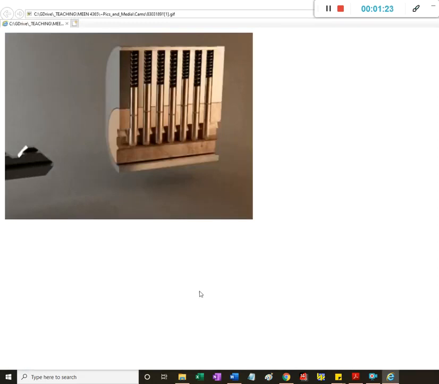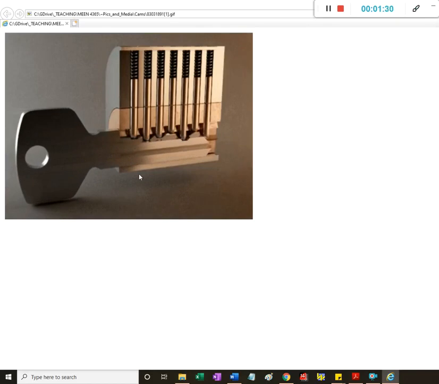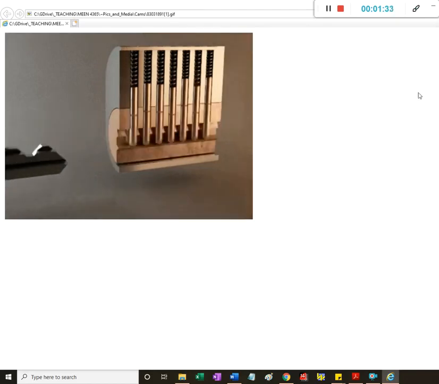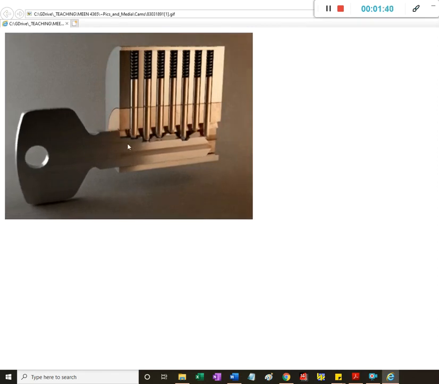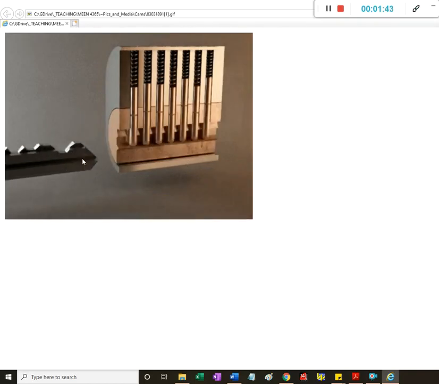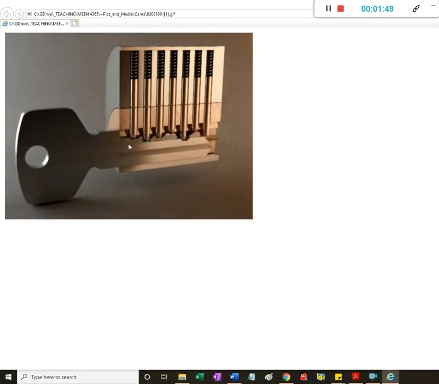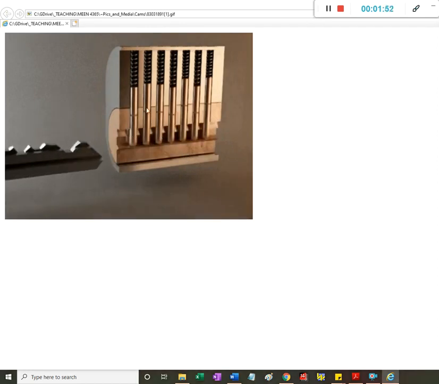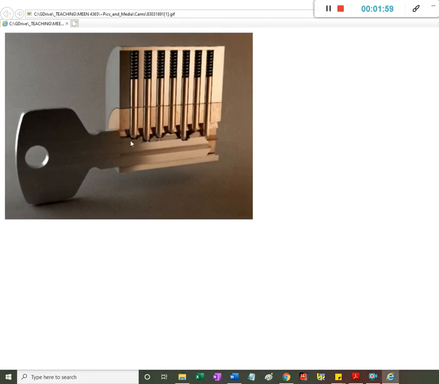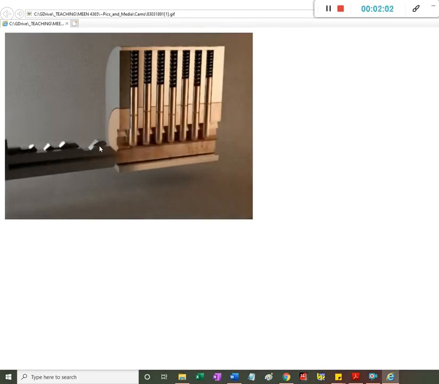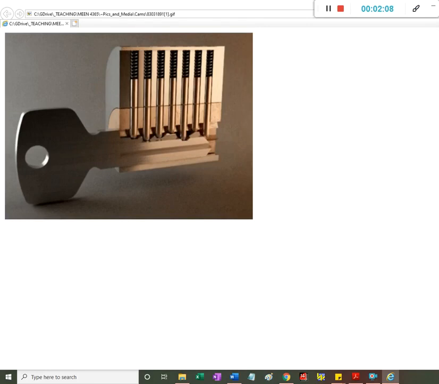This is actually an animated GIF that explains how it works. Anyway, you can see that there is an interaction between the sloped parts of the key teeth and these pins, and it matters how each pin is shaped, and it matters how the teeth are sloped in order to be able to actuate them.